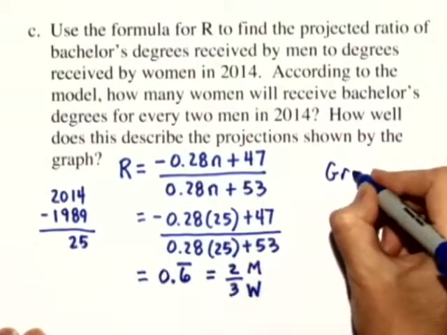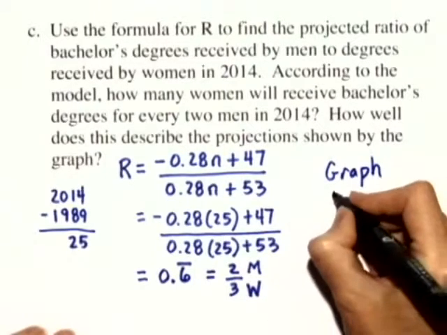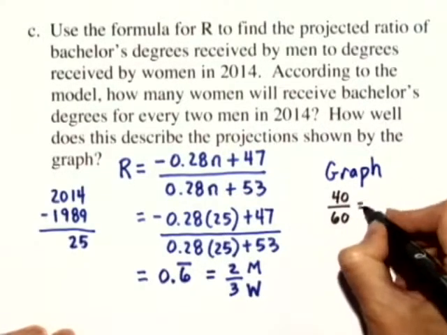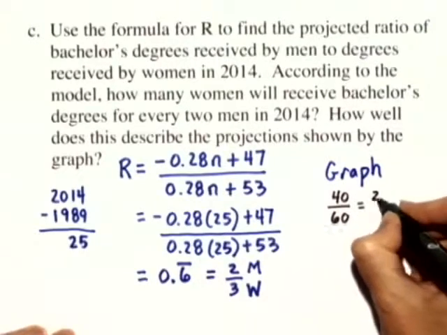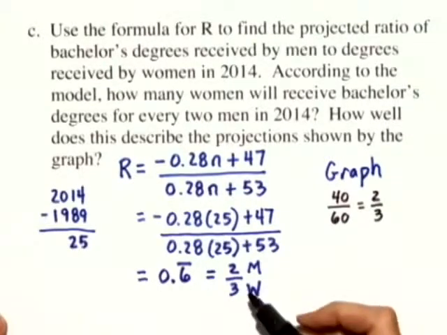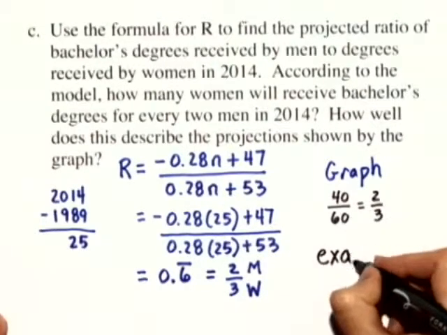The graph shows 40% men for every 60% women. Well, if we reduce this, it reduces to 4/6, which is the same as 2/3. Well, how well does this describe the projections? It's exactly the same. We got 2/3 by our ratio and 2/3 by our graph, so it's exact.